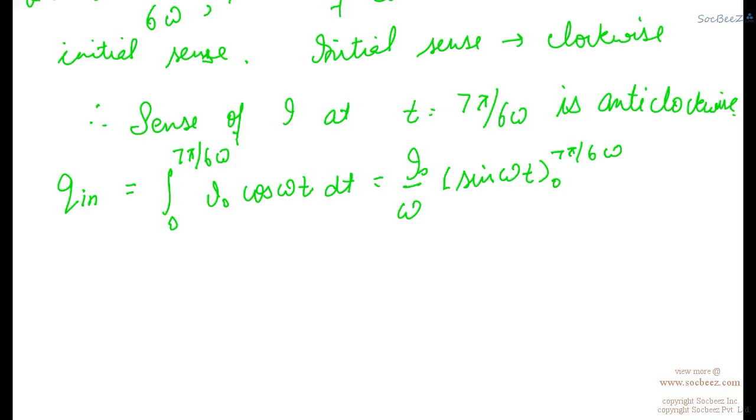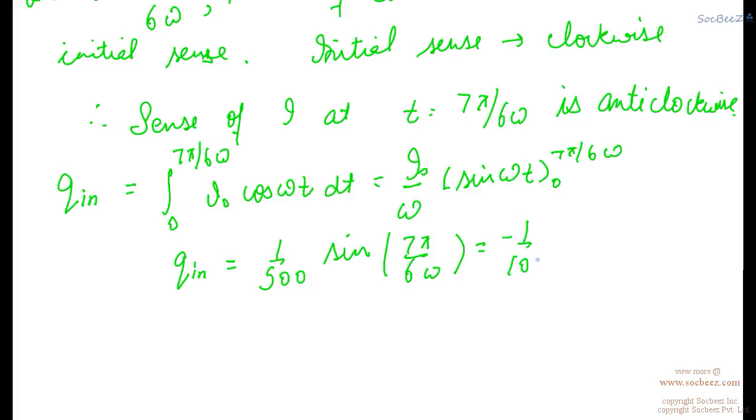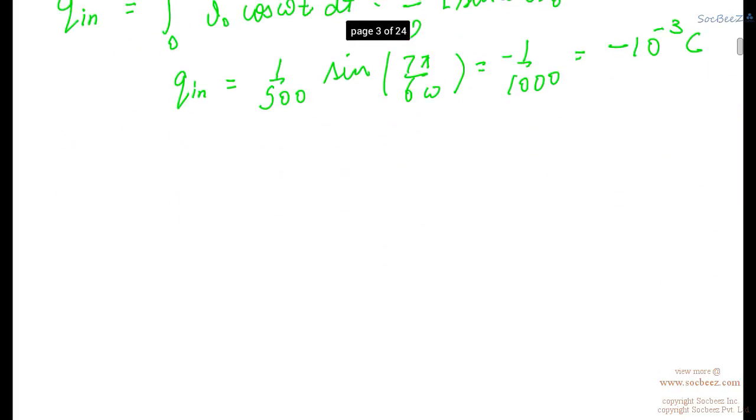So Q initial comes out to be 1 upon 500 into sin 7 pi by 6, so this is minus 1 upon 1000, which is minus 10 raised to the power minus 3 coulomb. This is the initial charge.